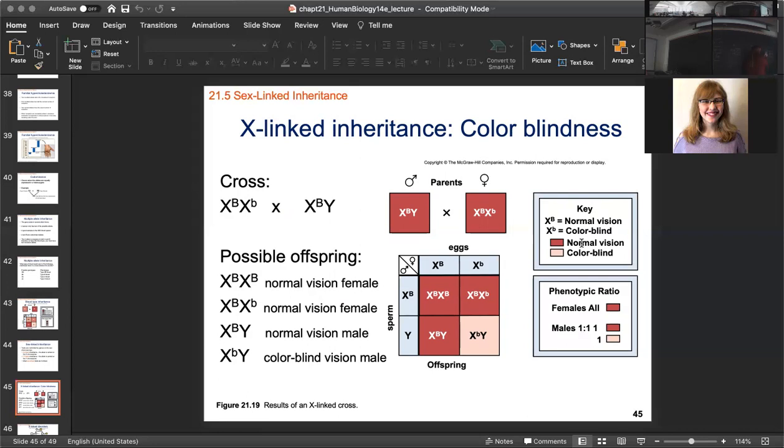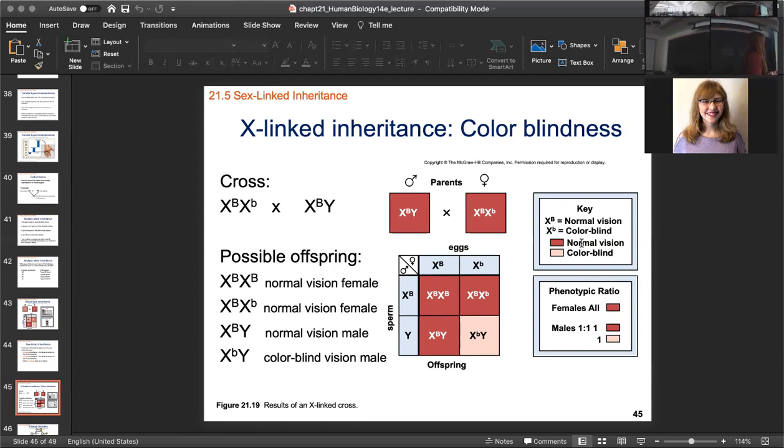The male either gives another X and it creates a female, or it gives the Y chromosome and it creates a male. And that's why there's a 50% chance of having males and females with every genetic cross for a sex-linked trait, let alone just what's the gender of the infant or baby. Okay? So now that we know how that is crossed, let's talk about X-linked inheritance for color blindness.